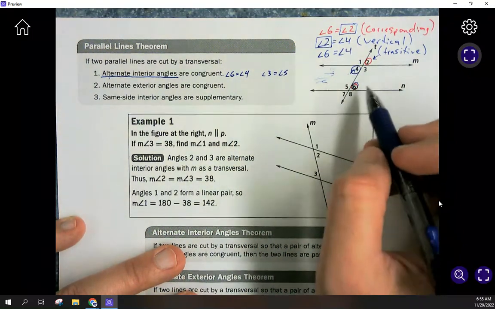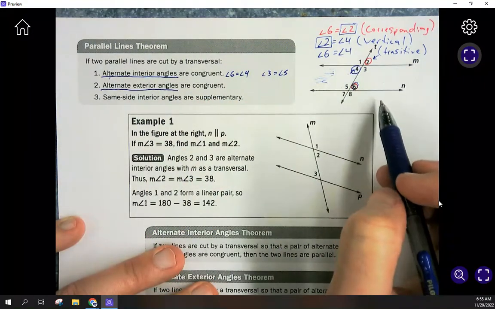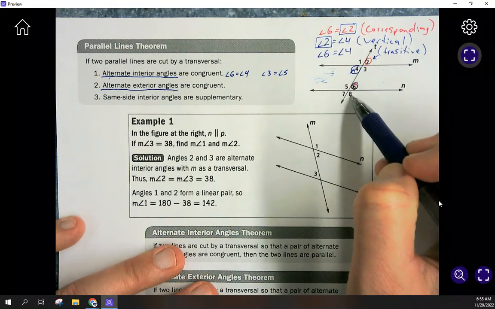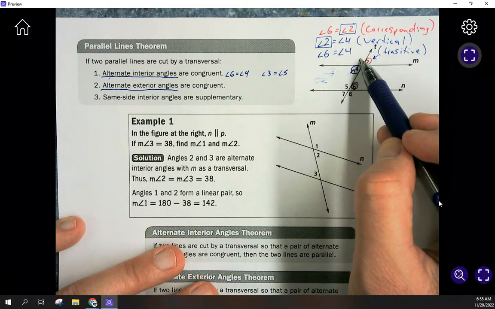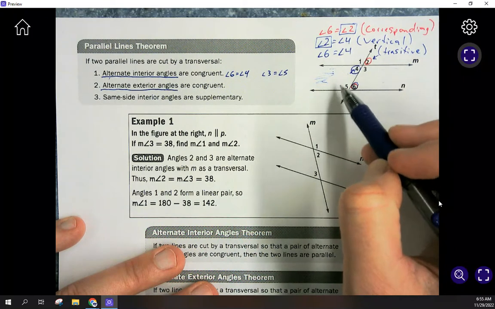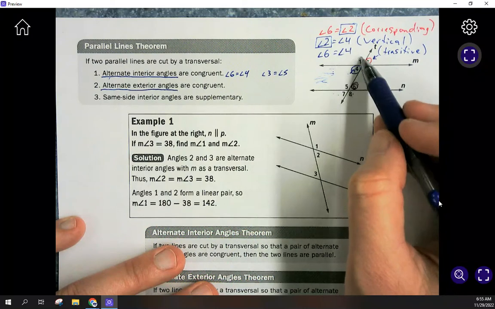The same is going to hold true for alternate exterior. So here's your transversal. Here's 8 and 1. Those would be alternate exterior because they're on the outside of the parallel lines. That's the exterior, and they're on opposite left and right of the transversal. So why are these equal to each other?